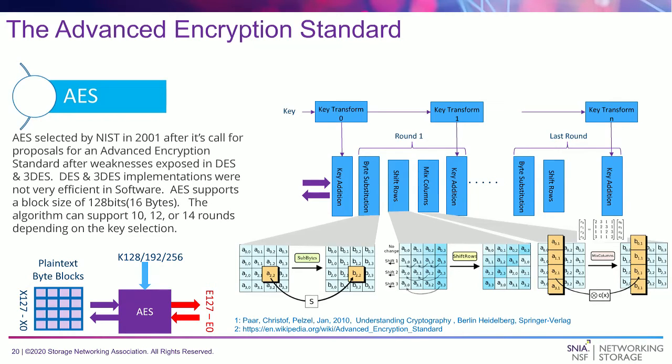So yeah, here's how the AES algorithm works. It really has rounds, and as I said, the algorithm goes through 10, 12, or 14 rounds, depending on the key size you use. But basically, there's a byte substitution.